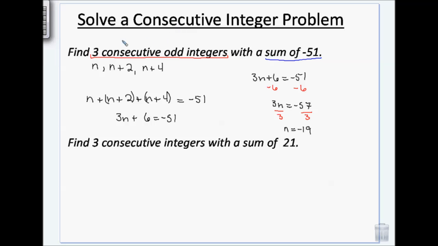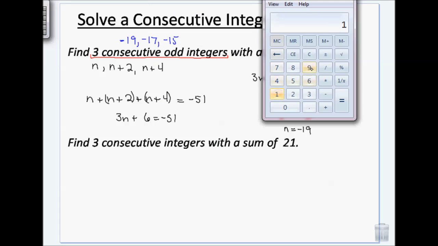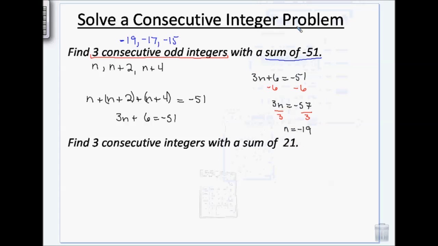I need the consecutive ones. If my first one is negative 19, my next one is negative 17, and then negative 15, because I'm doing odds. And you can test it. If I add these together, it's negative 51, so I know I got the correct numbers.